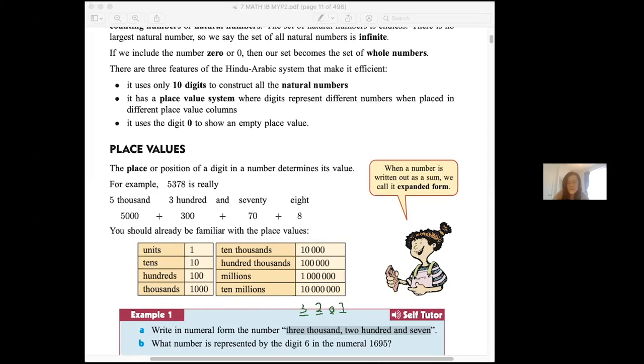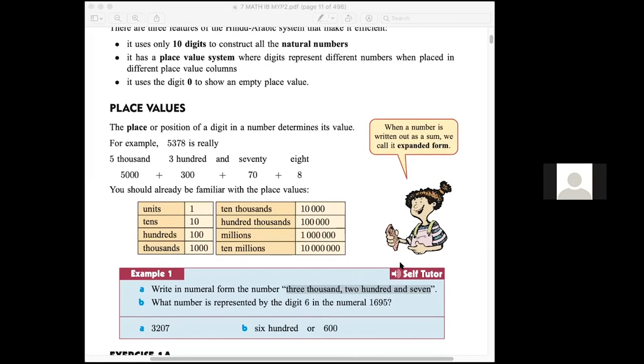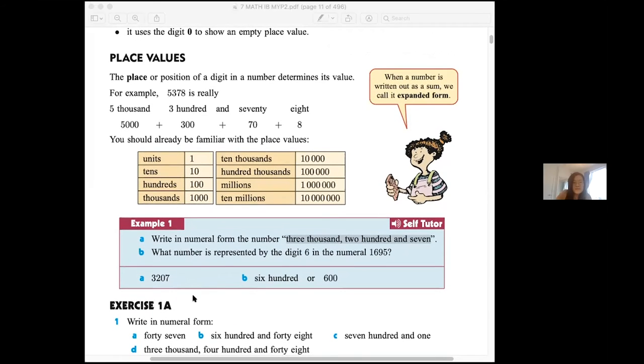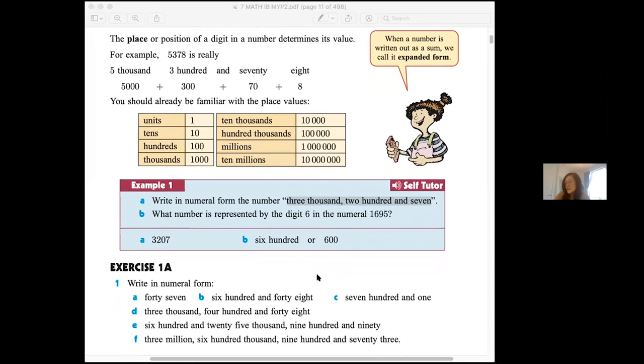Maybe Brian for 1B. What number is represented by 6? 600. Great, yes. Thanks, Brian. So we are good here, depending on the place we can tell its value. Let's move on.